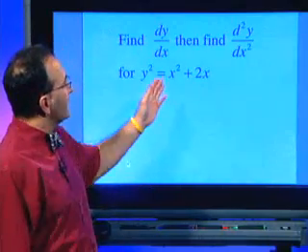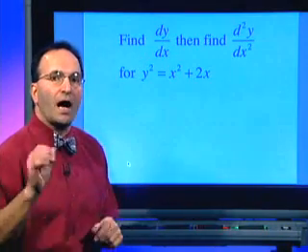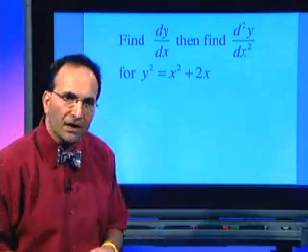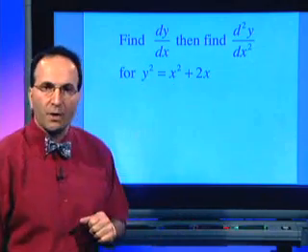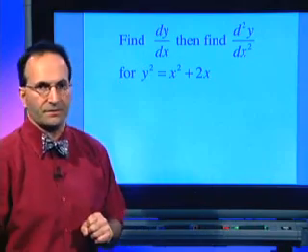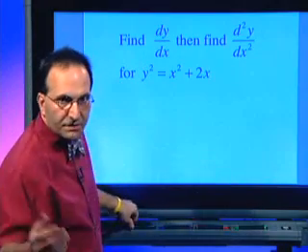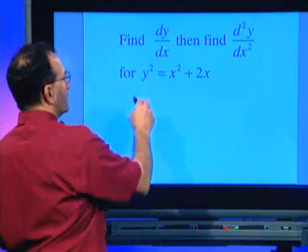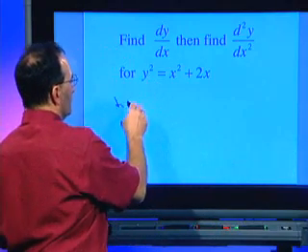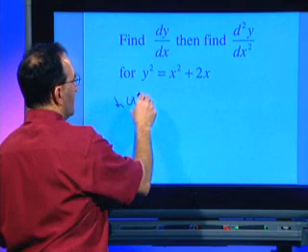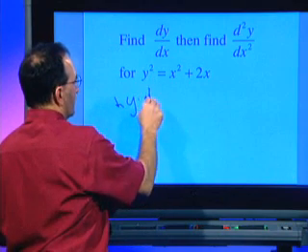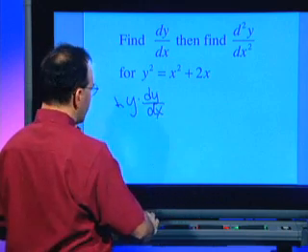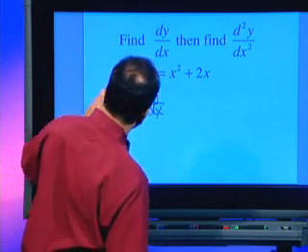Find dy/dx, then find d squared y/dx squared for the equation y squared is equal to x squared plus 2x. Again, implicit differentiation. What we have is the derivative 2y times dy/dx.